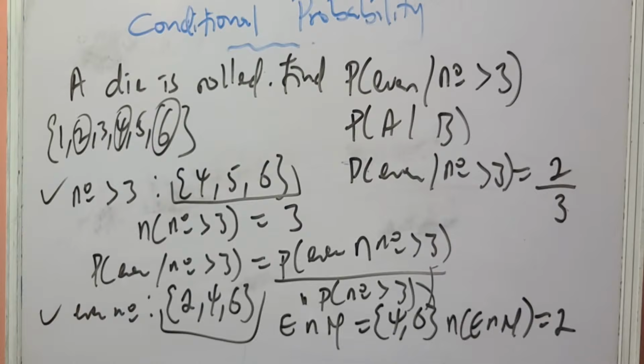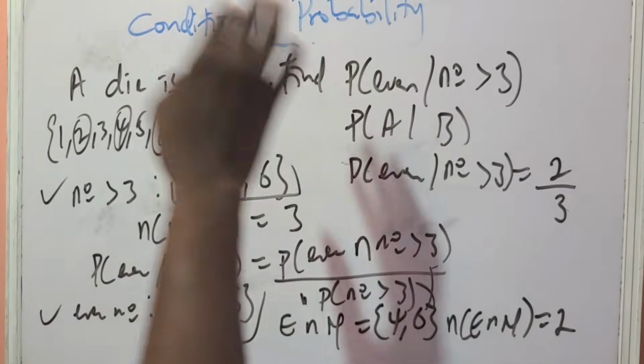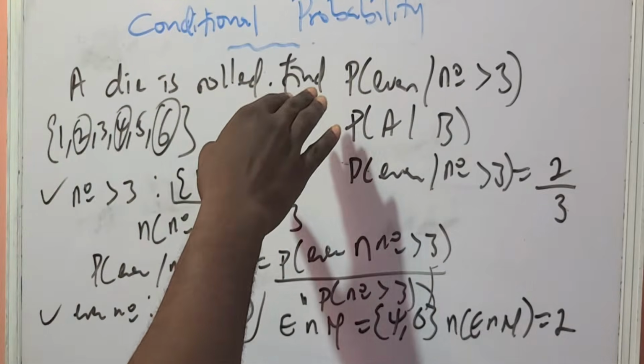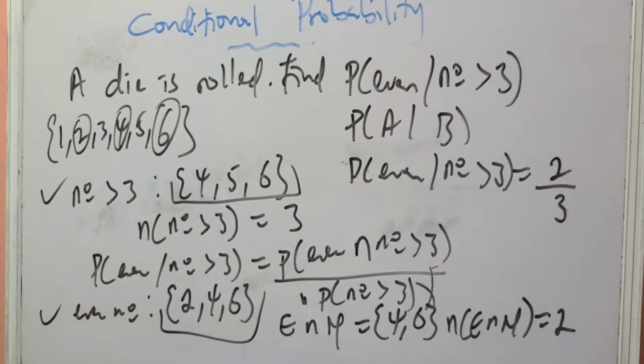We have this: a die is rolled, find probability of even given number greater than 3.